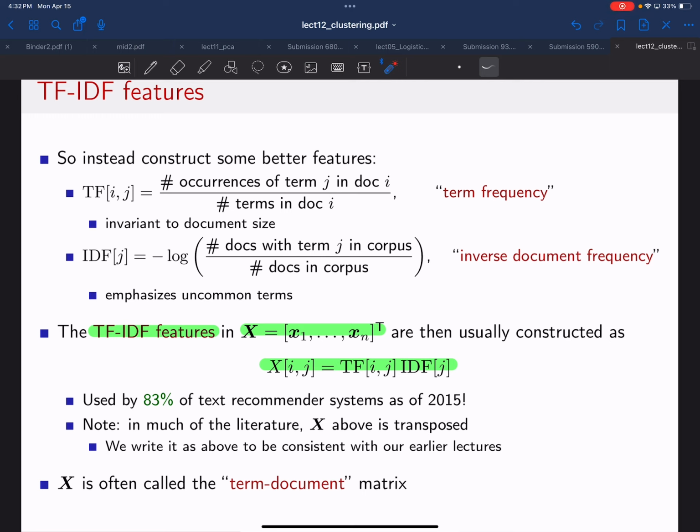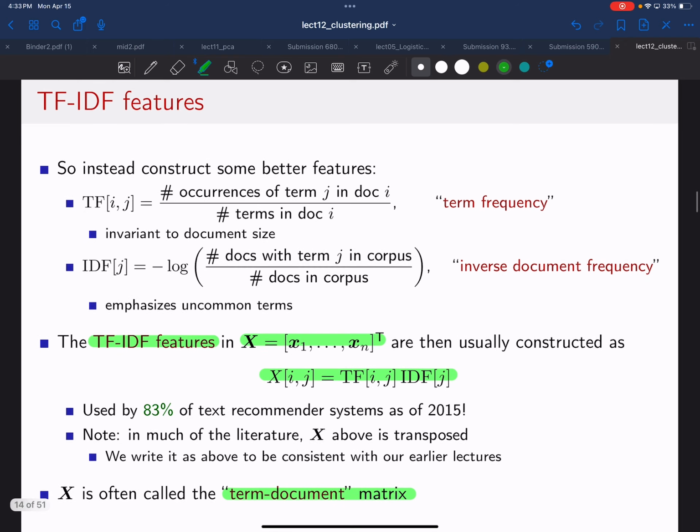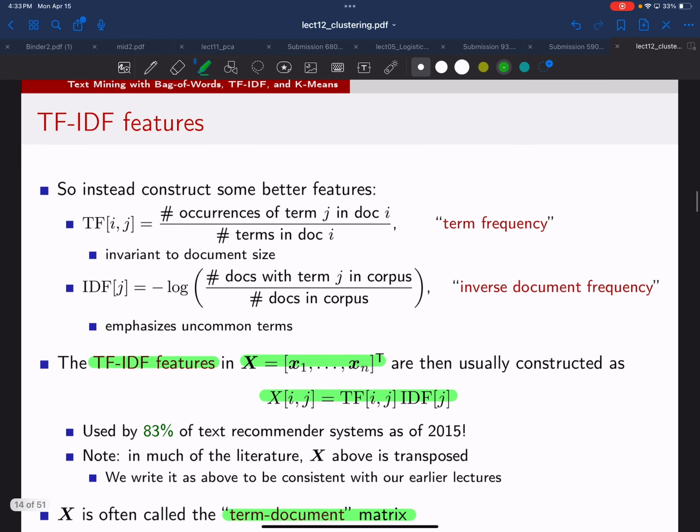Just as a note, the way that we're constructing this matrix in this class is consistent with the way we've always constructed our X matrix, but if you look at most of the literature, it's transposed. Anyway, this is what we call the term document matrix. So this is how we're going to process features.